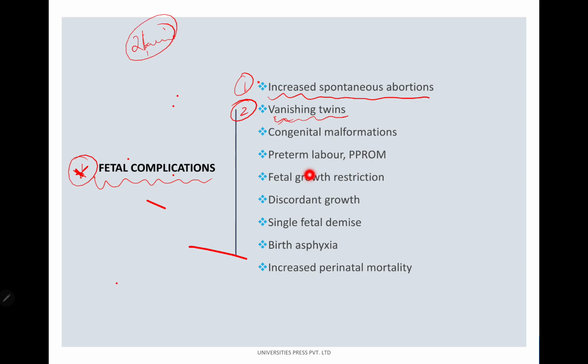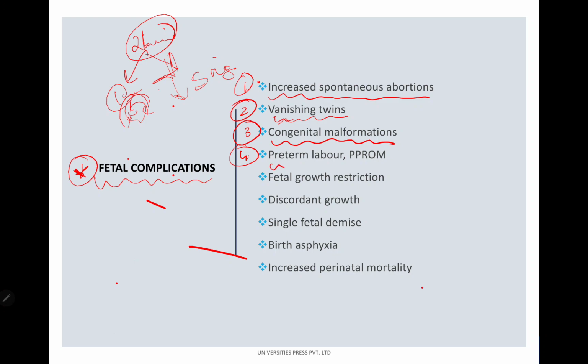In twins, one embryo will die, or it can reabsorb, or there can be spontaneous reduction in one embryo, whereas the other embryo survives, resulting in what looks like a singleton pregnancy. That is a twin pregnancy becoming a singleton pregnancy because one of the twins has vanished. That is vanishing twins. Third is congenital malformations.